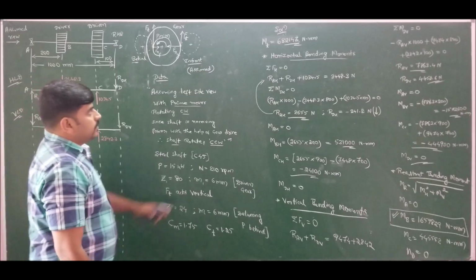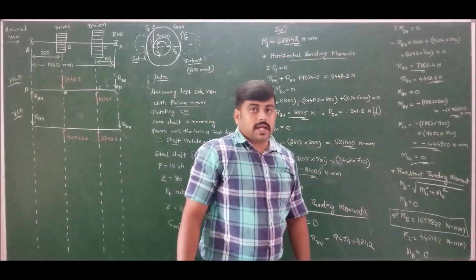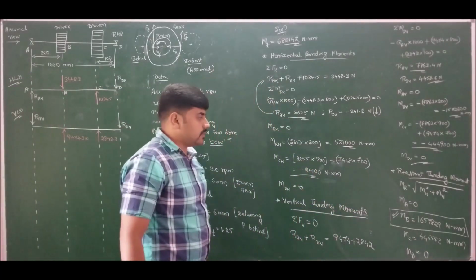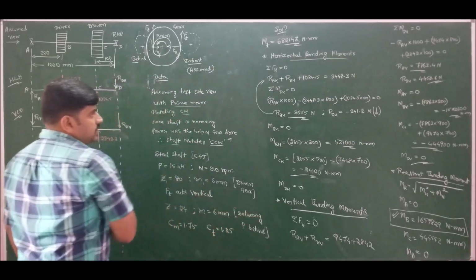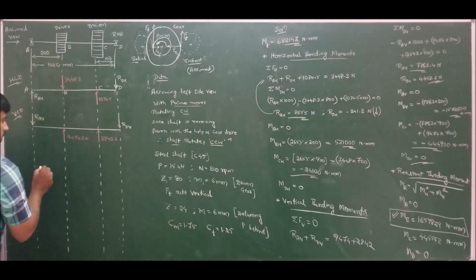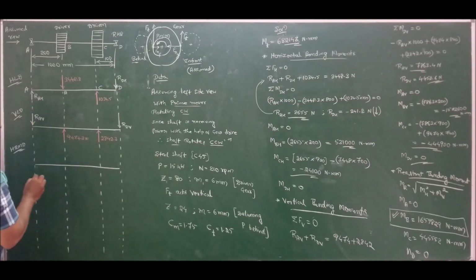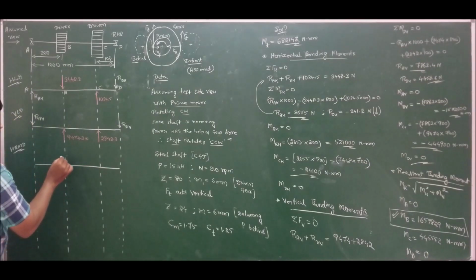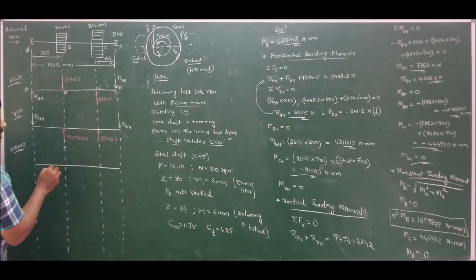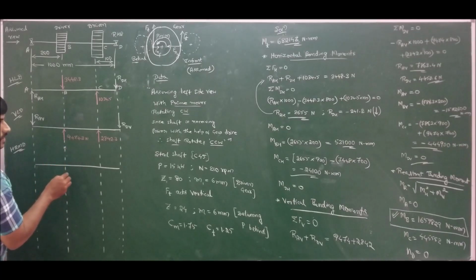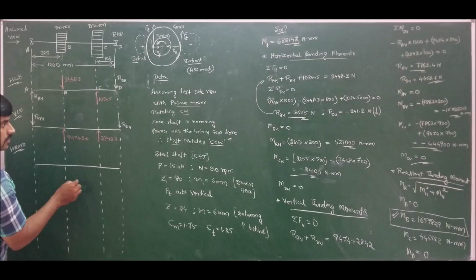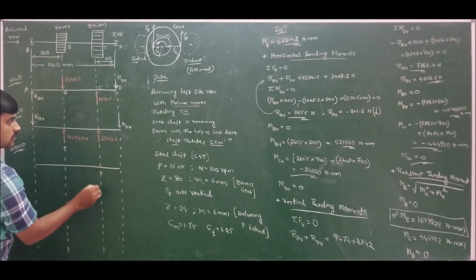Now I know maximum torque, I know maximum bending moment, I can find the diameter of the shaft required. Let me transfer this to the diagram. Drawing first the horizontal bending moment diagram. At A it is 0, at B it is 531,000, at C it is 241,000 and 0.